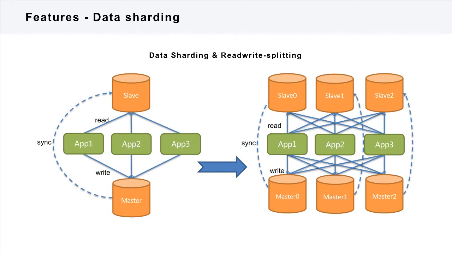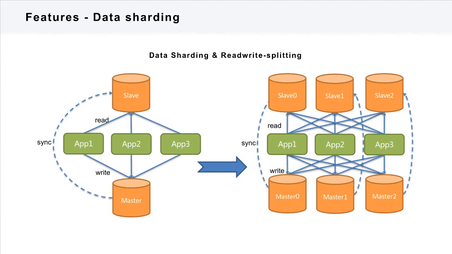There are cases in the Internet industry where there are a large number of concurrent read operations and fewer write operations at the same time. In order to deal with these cases, the database is usually split into a primary database and a replica database, usually called read-write splitting.